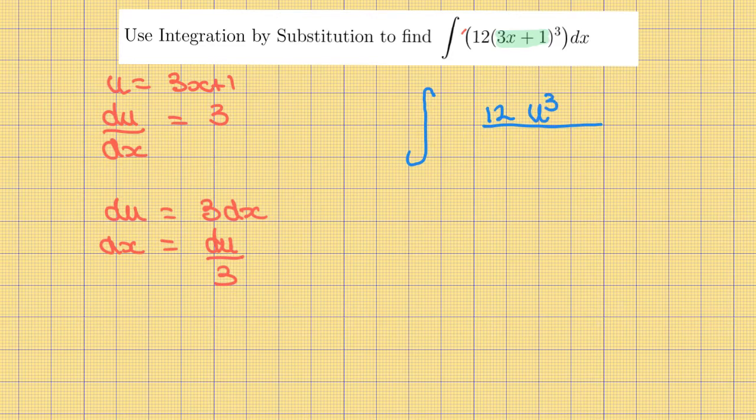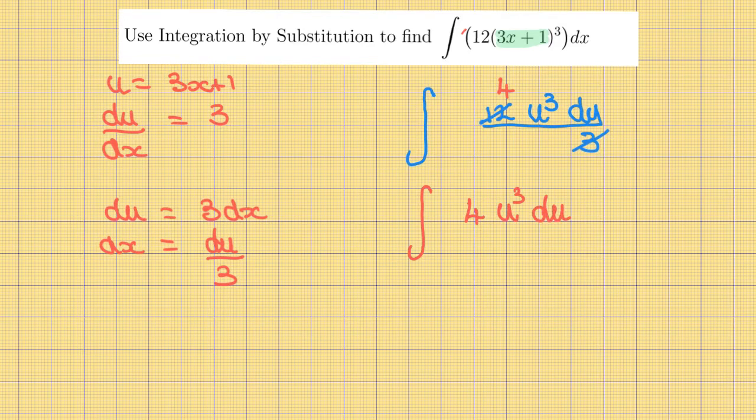And dx is now du over 3. So that will cancel to give 4. So now our integral is 4 u cubed du.